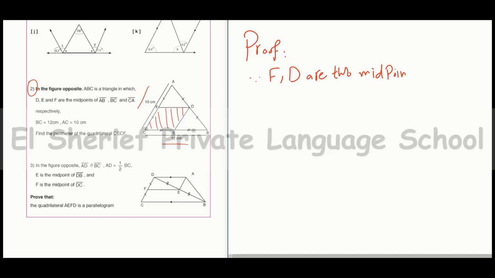Since length of BC equals 12 centimeters, so DF equals 6 centimeters. Let's write this. Since F and D are two midpoints of AB and AC, therefore the length of FD equals half of BC. Since length of BC equals 12 centimeters, therefore length of FD becomes 6 centimeters.